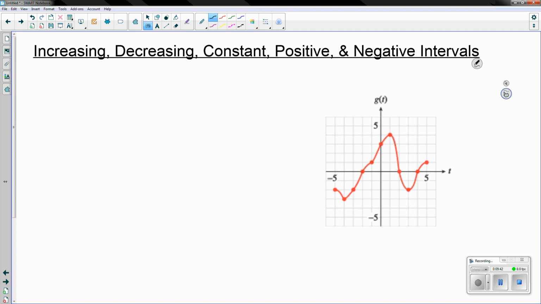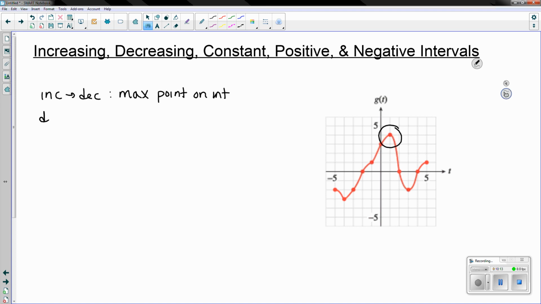So a couple things are, if you know that a function is going from increasing to decreasing over some interval, then you have reached a maximum point. You've reached a peak of a mountain or like the top of a hill. So for instance, over here on our graph, we can see it goes from increasing to decreasing at that point. So we've reached a maximum. So that indicates we've reached a maximum point on that interval.